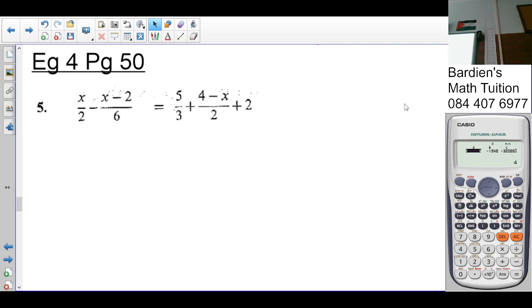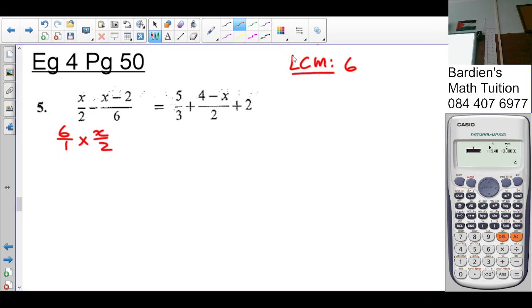Okay, people, what's your LCM here? 6. Yes. 6 over 1 times x over 2, minus 6 over 1 times x minus 2 over 6 equals. What's your meaning?